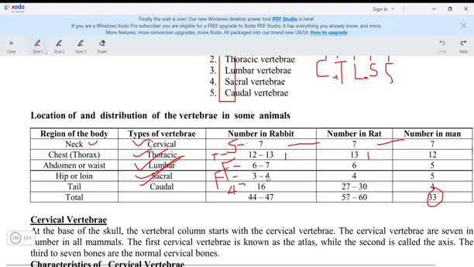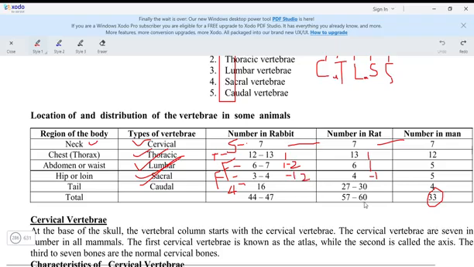Then for the lumbar, that's at the abdominal region. Rat has one extra, rabbit has one or two extra. Then for the sacral, which is the lower abdomen, rat has less than one, rabbit has less than one or less than two.